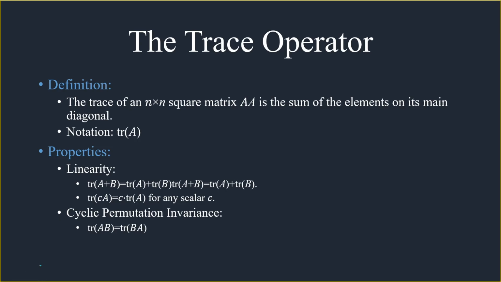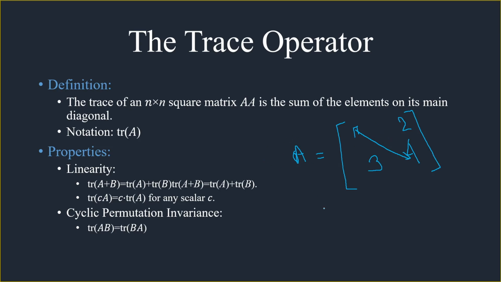let's assume we have a matrix A, and it is a 2 by 2 matrix. So we have 1, 2, 3, 4. Here this is called the main diagonal, right? If I choose to find a trace, I will sum the elements on its main diagonal.